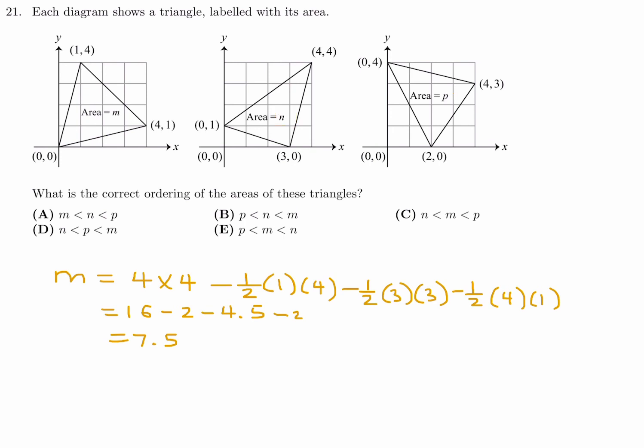Pretty much the same thing. So for N, again, it's going to be the full square, and then, of course, we have to subtract this triangle, and this triangle.